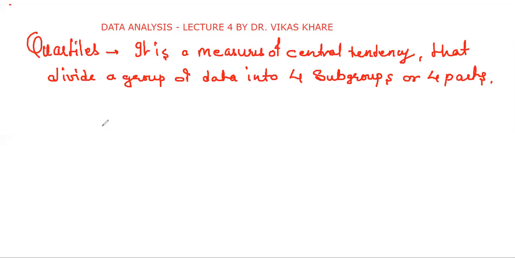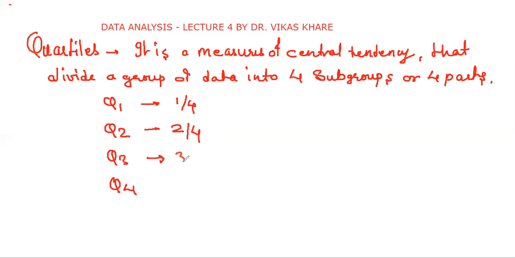So in the case of quartiles, we assess Q1, Q2, Q3 and Q4. Q1 is 1/4 of the data, Q2 is 2/4 of the data, and Q3 is 3/4 of the data. We already discussed in lecture 3 the basic concept of percentiles.